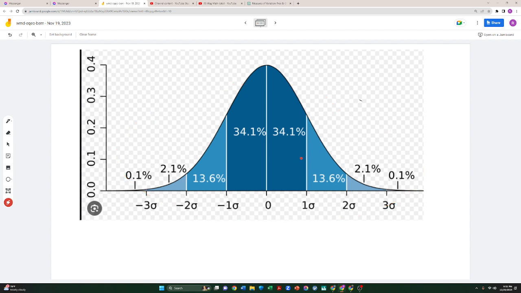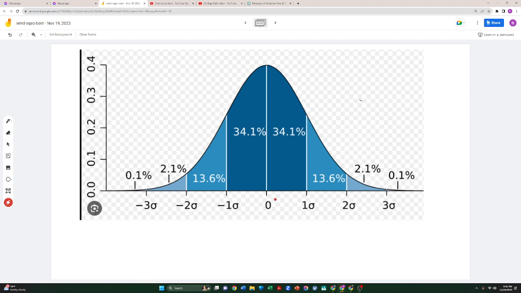The empirical rule is often applied when dealing with data sets that are approximately normally distributed. Again, normally distributed. It provides a quick way to estimate the proportion of data within certain ranges without performing detailed calculations.